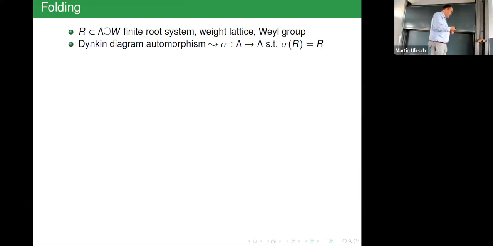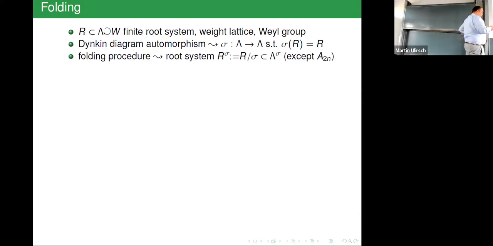I'm not going to say what a linking diagram is. The root system somehow inherits an automorphism. It's usually not part of it. And now there is a very non-trivial combinatorial procedure which, to such an automorphism, will produce a new one.